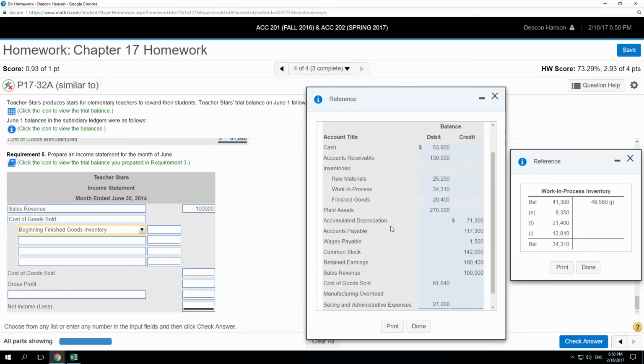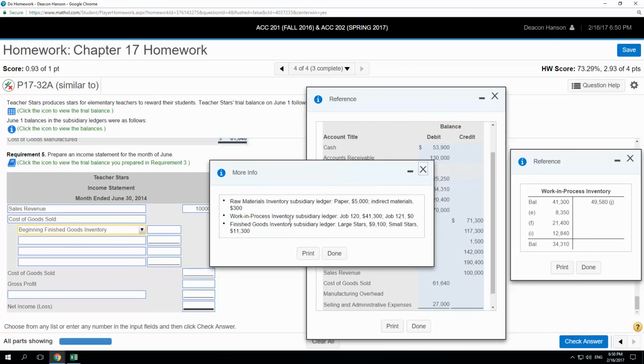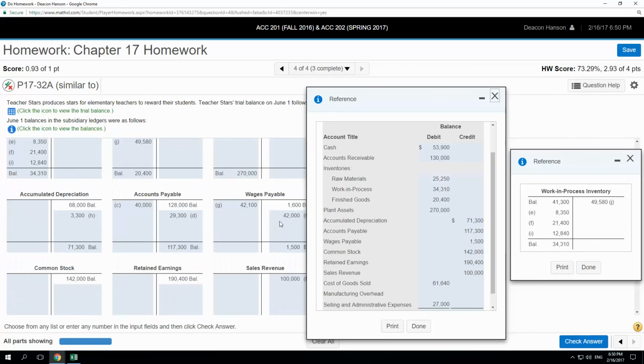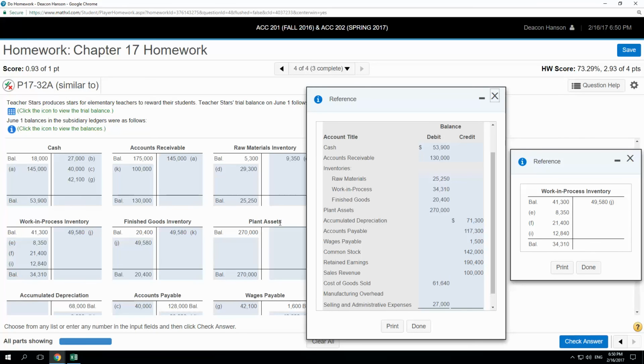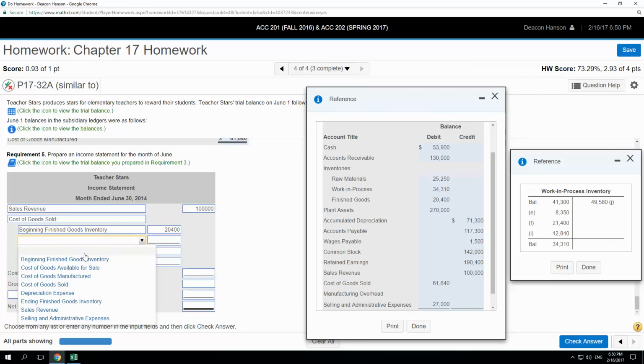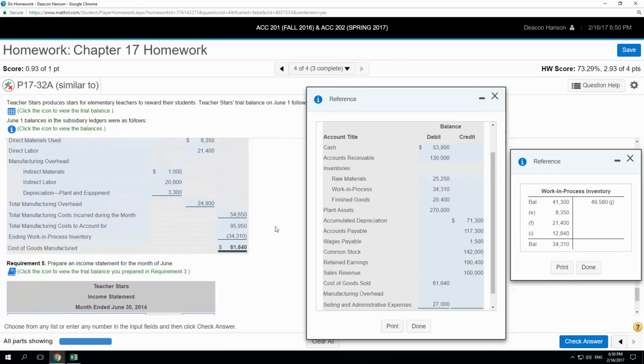Beginning finished goods. I think it's right up here. We could actually look at our balances here, right? And the beginning finished goods was 20,400. Then we're going to add my cost of goods manufactured, which we did in the previous step.